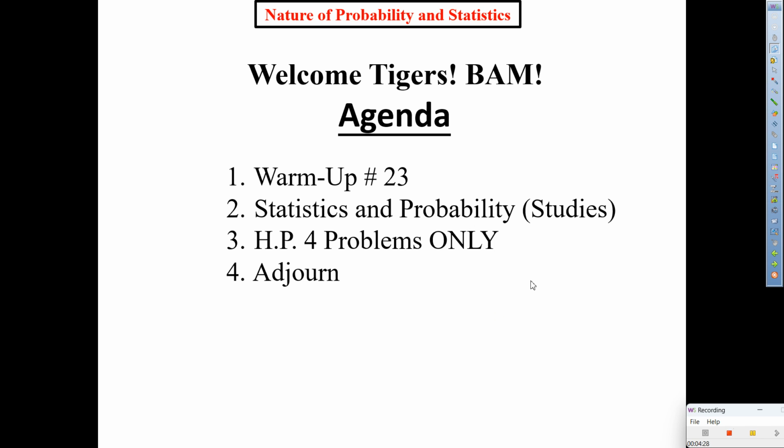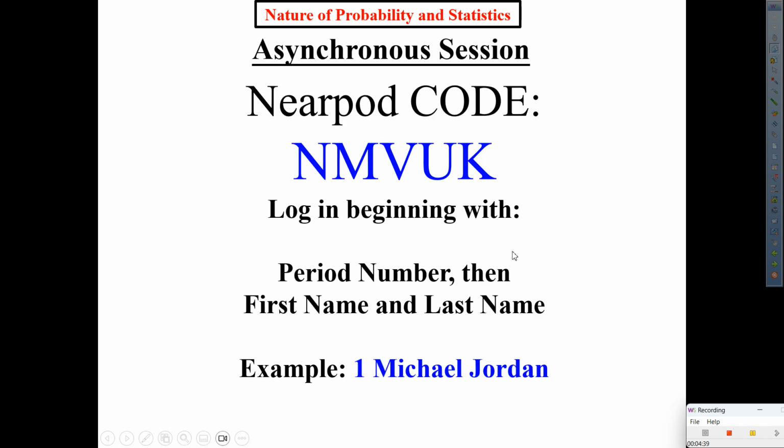Also, the access to the homework for tonight. Tonight's homework is only 4 problems, or 4 problems only. Here's the code: NMVUK. NMVUK. Copy that. All right.